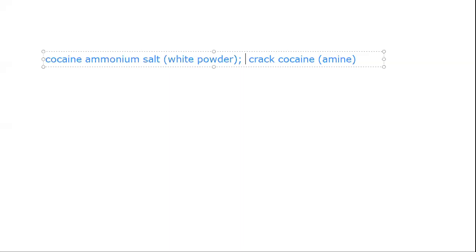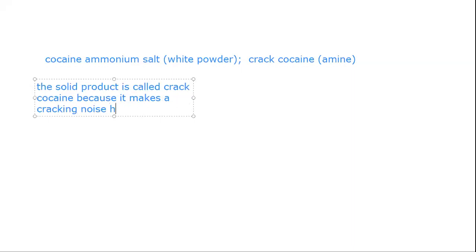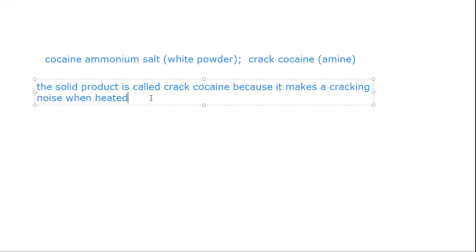So what is the meaning of crack cocaine? It got the nickname crack cocaine because when you heat this compound in a spoon, it will start making a cracking noise.